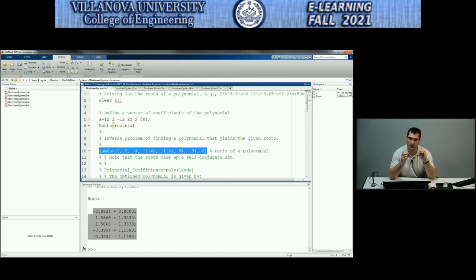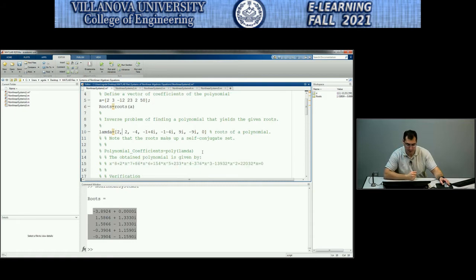Self-conjugate means that if you give a complex value, you have to make up a complex conjugate value. So I'm looking for a polynomial that generates the roots such as 2, 2, -4, -1, plus minus 4i, plus minus 9i, and 0. Okay? Again, this has to be a self-conjugate set, meaning that if you have a complex value, you must have a complex conjugate value.